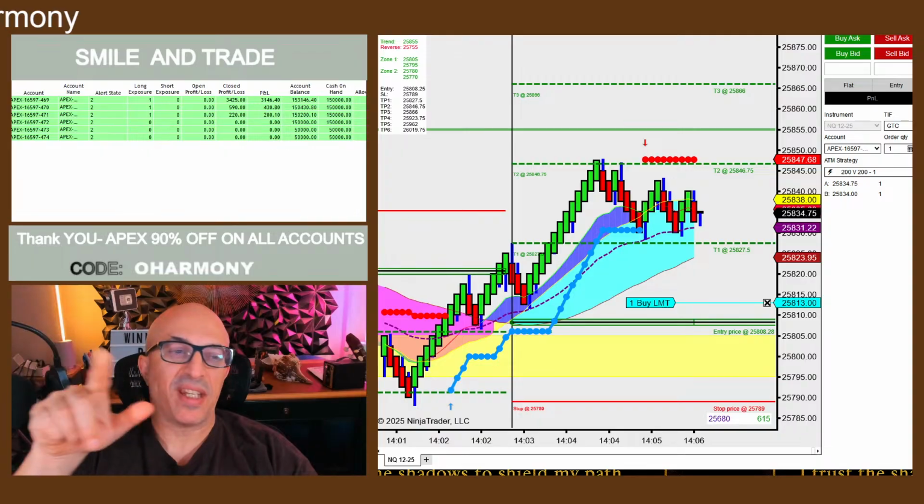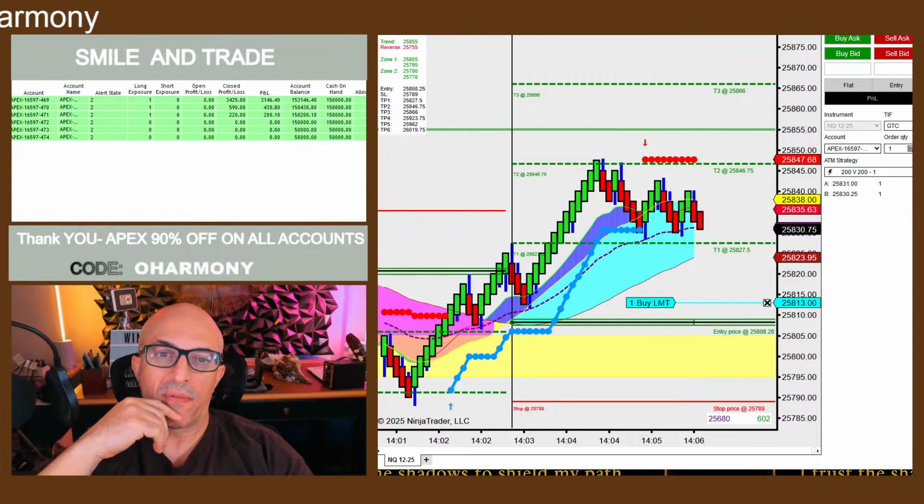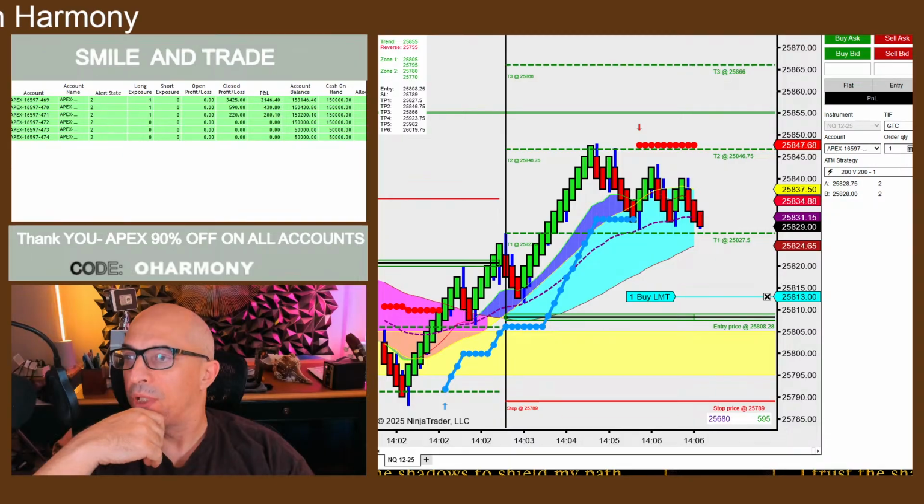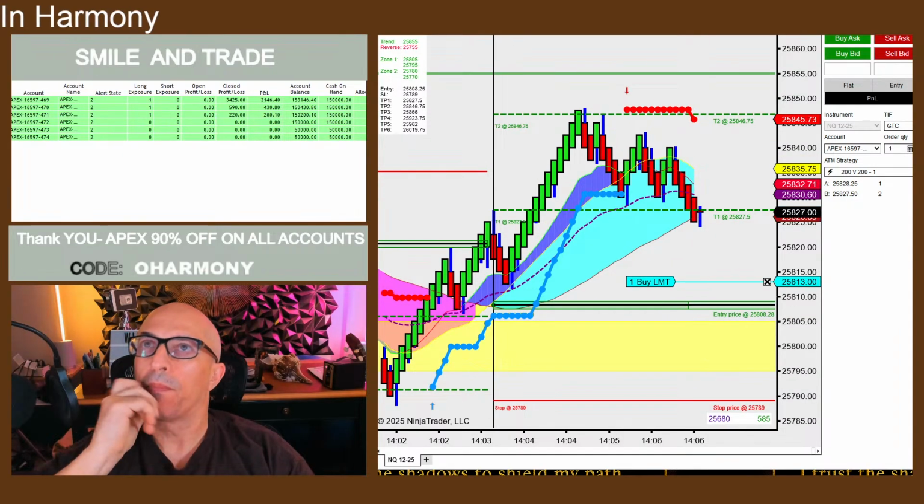Yeah, they're gonna fade it here a little bit. Let's see if that fade can get us to 13 and we can get a bounce from 13 to 33.